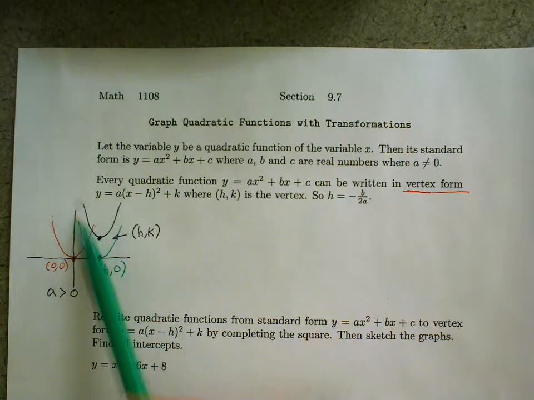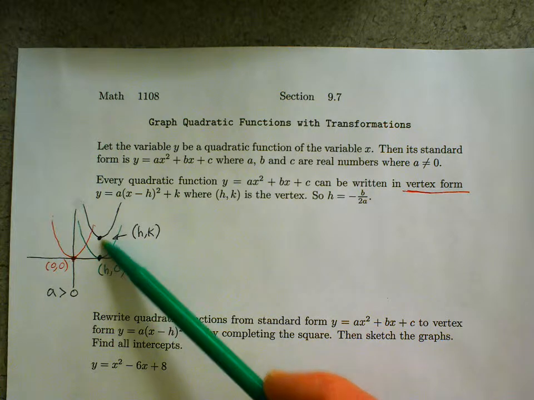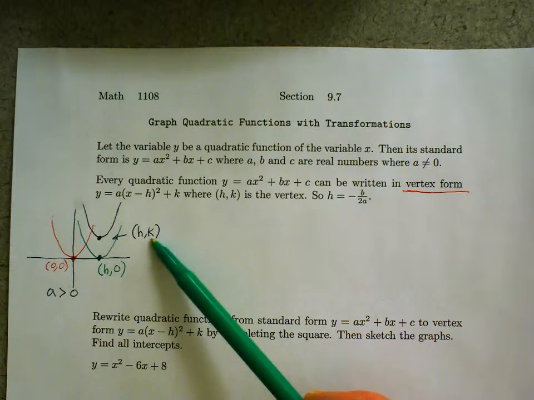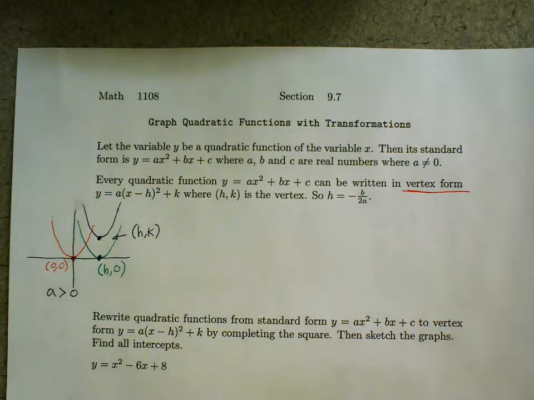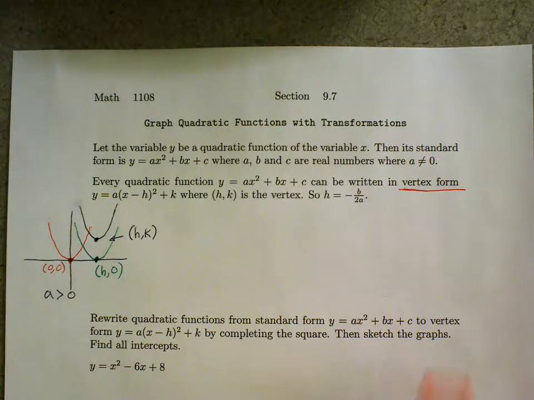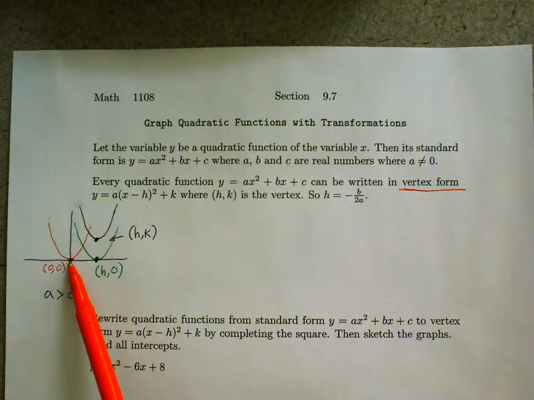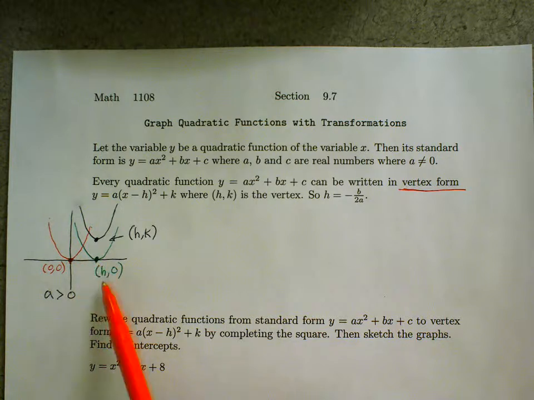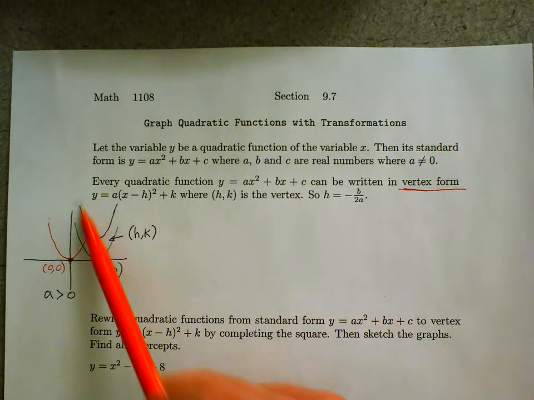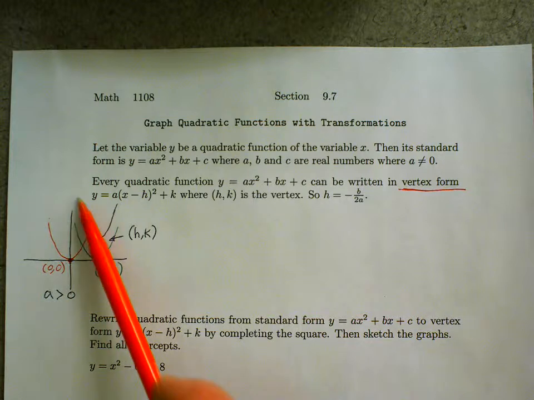And then from the green parabola, if we shift it vertically upwards to where the black parabola is, there's a vertical translation of k units. So once again, if we start with the red parabola where the vertex is (0, 0), shift it to the right or horizontally h units, and then shift that vertically k units, and we get the parabola that we want.